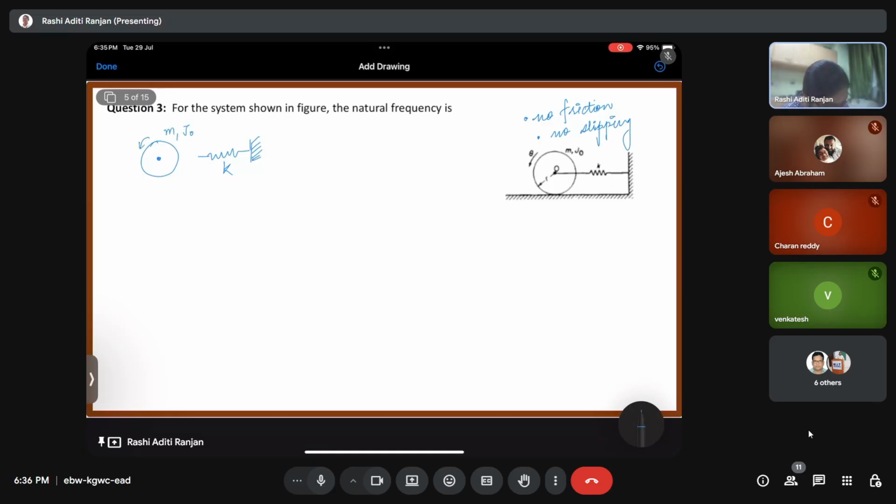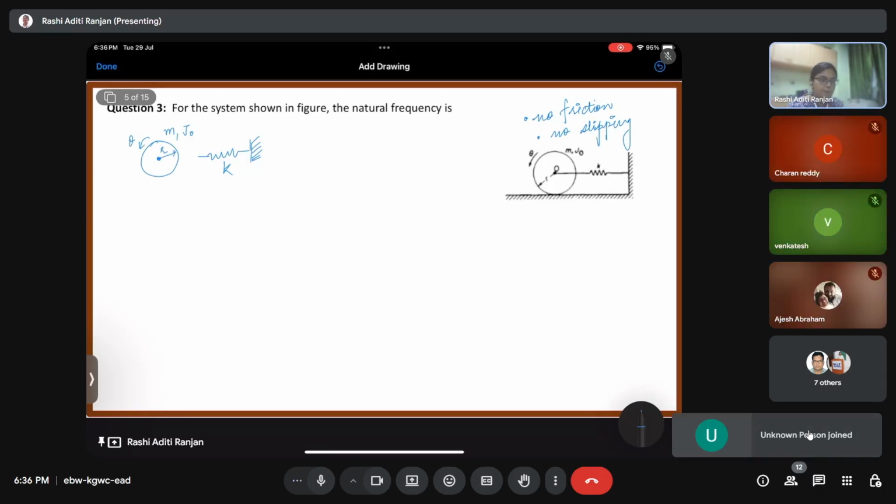It rotates by theta and its radius is R. Okay, and we assume that this spring K extends by X. So if we try to find out that how do we relate this X with theta?